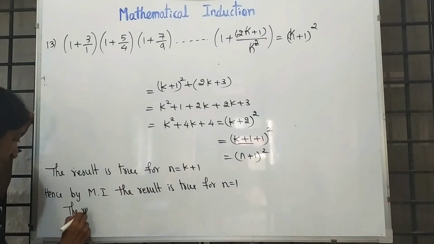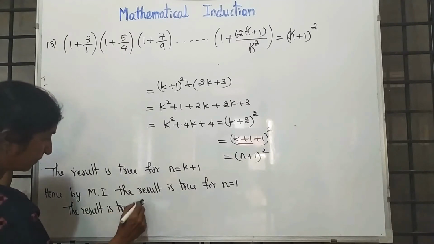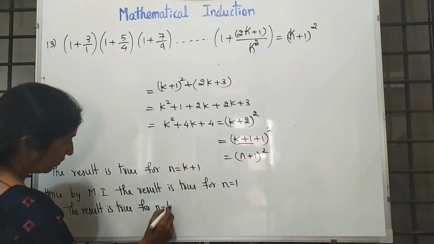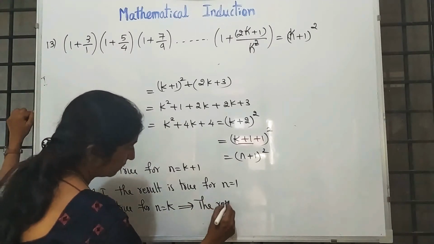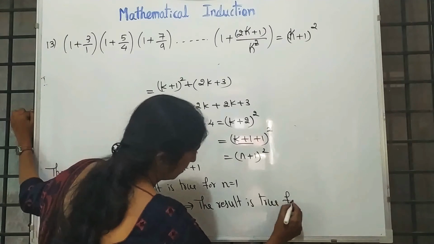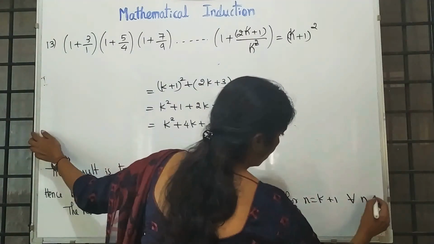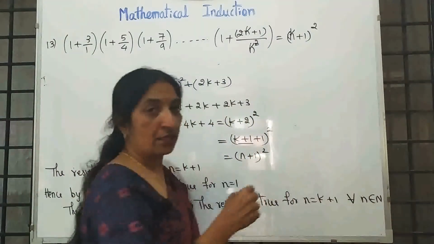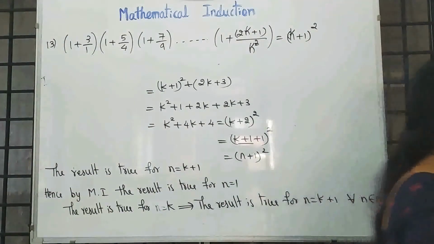Next, the result is true for n is equal to k implies the result is true for n is equal to k plus 1 for all n belongs to N. See, is it simple or what? Yes. Moving to the next question.